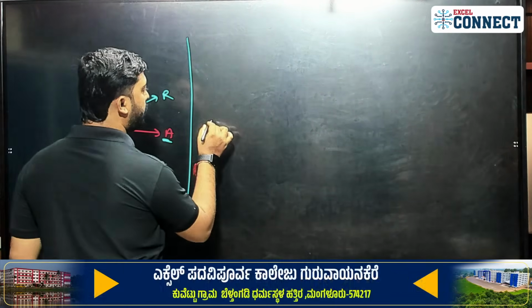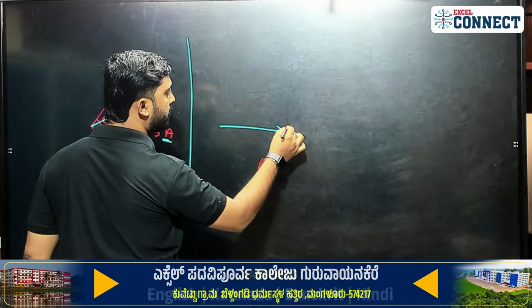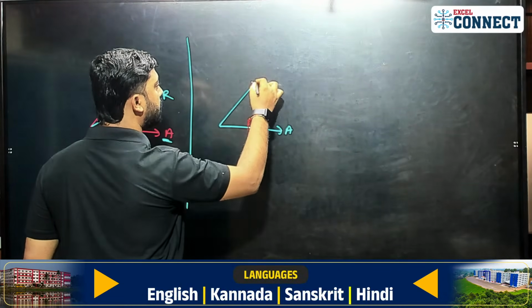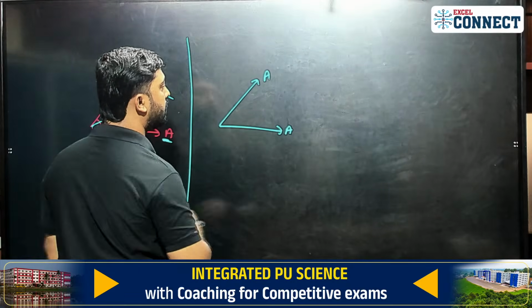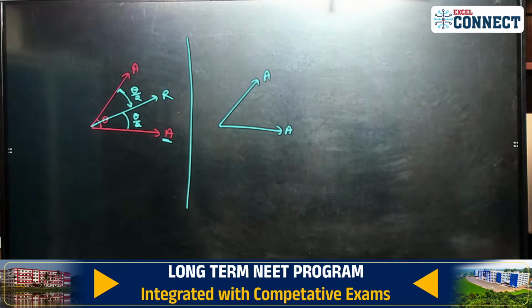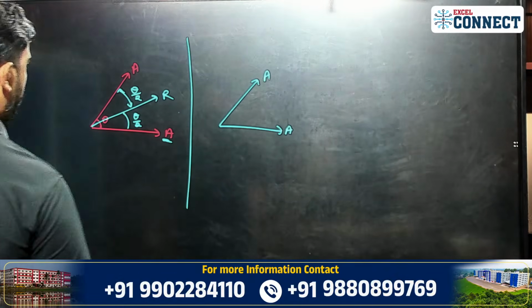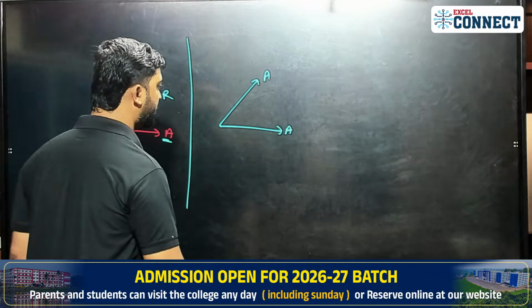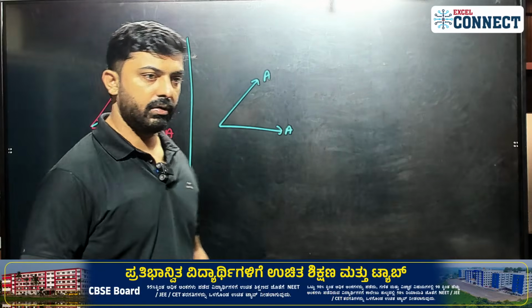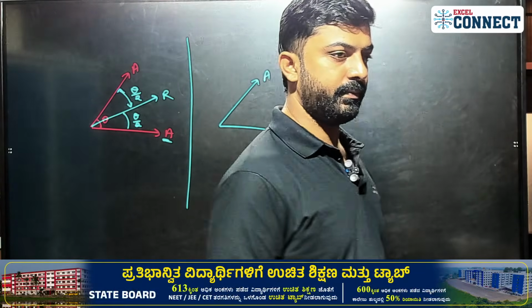What if two vectors make an angle of 30 degrees?